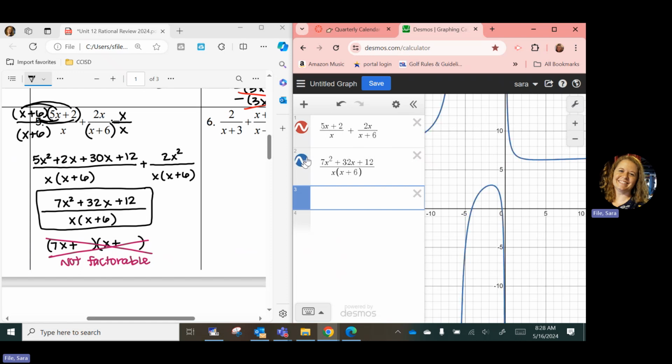It just graphed right on top of the original one, didn't it? And we can confirm what we just said, that the restricted values would be -6 and 0. That looks like where these vertical asymptotes are, doesn't it? So if you were asked a domain question, you would know that -6 and 0 are where the breaks in the domain would be, right? You feel okay about these?